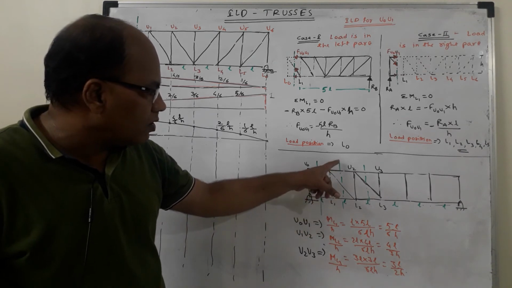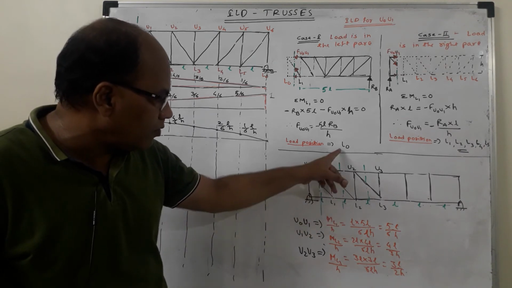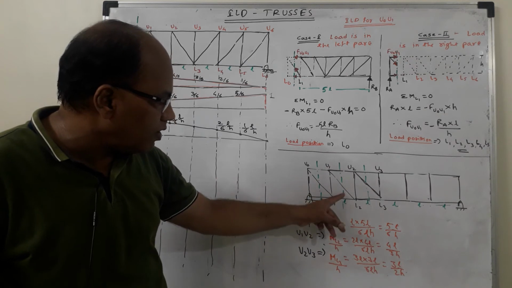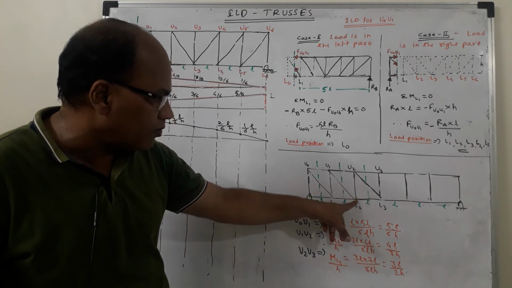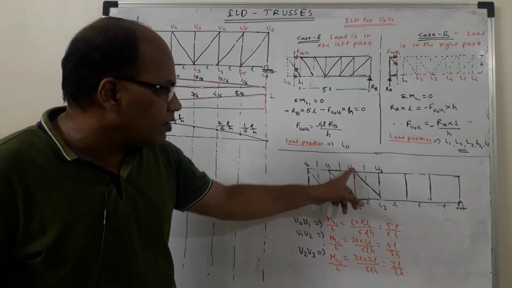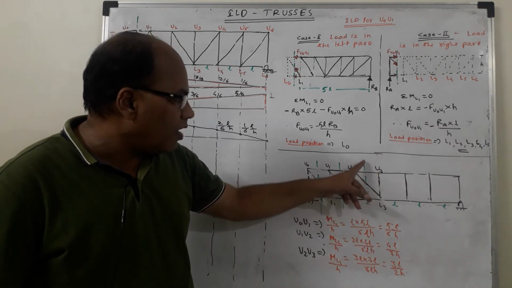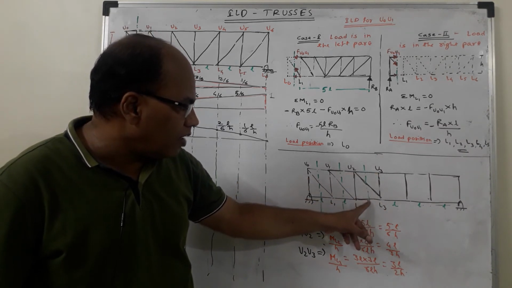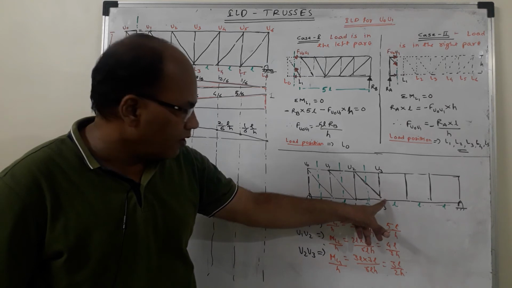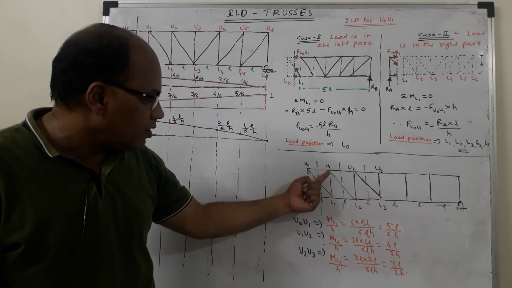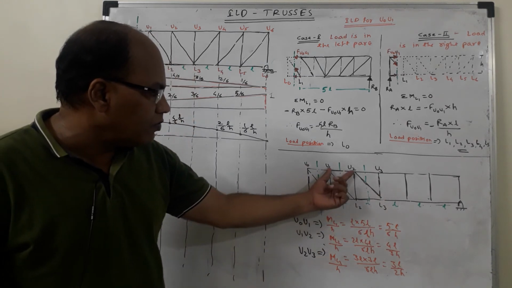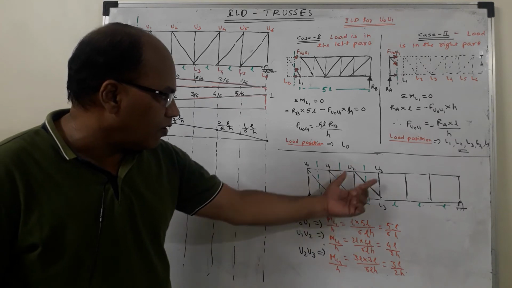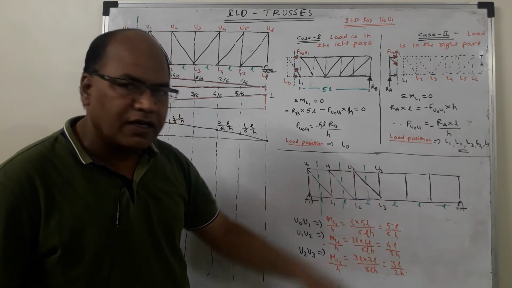When I want to get the force in U1 U2, I will have to take this section and consider the moment at L2. When the force in U2 U3 is required, I will have to take a section over here and take a moment at L3. So for U0 U1, take moment at L1. For U1 U2, take moment at L2. For U2 U3, take moment at L3.